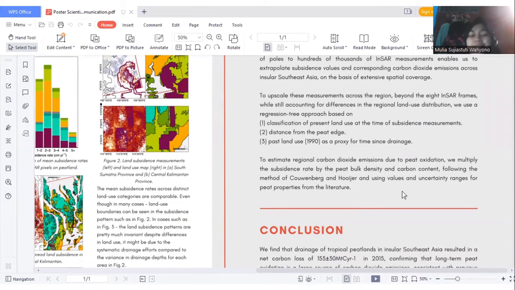And we can estimate regional carbon dioxide emissions due to peat oxidation.